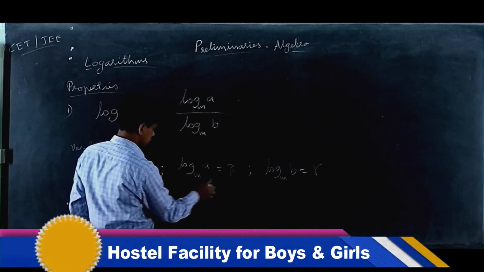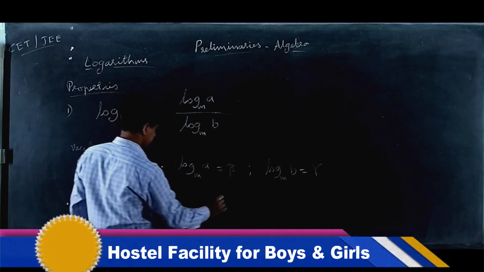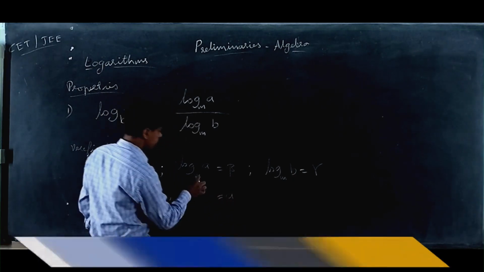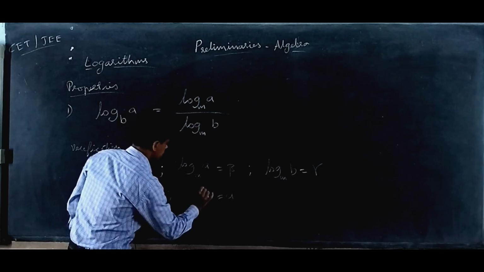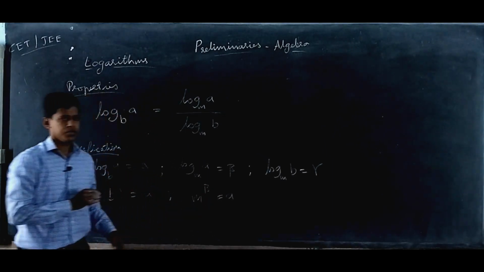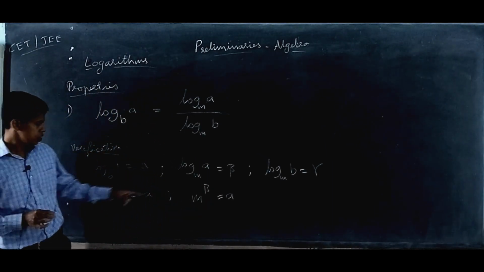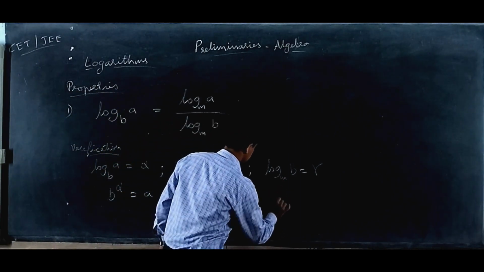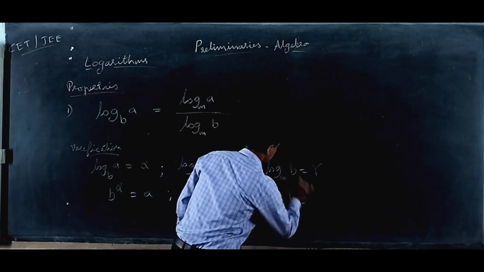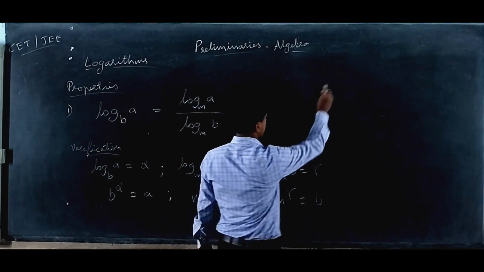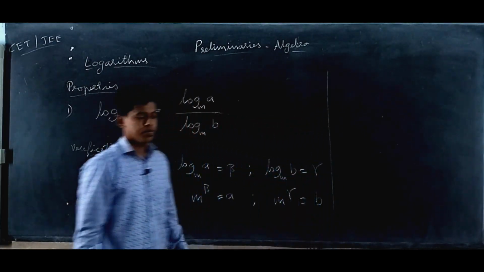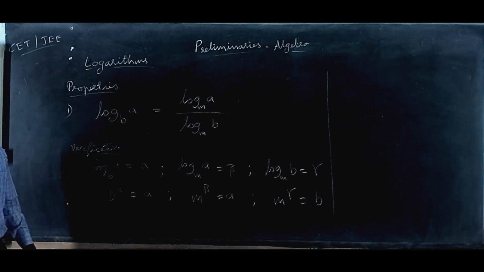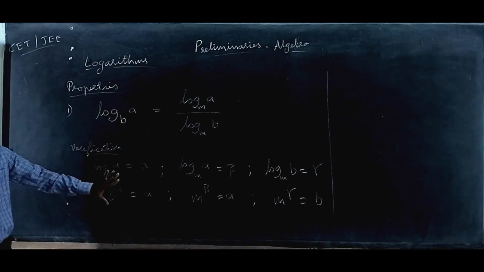Let's continue. See what is a here? A will be m raised to beta. So the base is b here, the base is m here, correct? And similarly the base is m here, so gamma, and this will be independent, correct? Yes. So so much is clear to you.